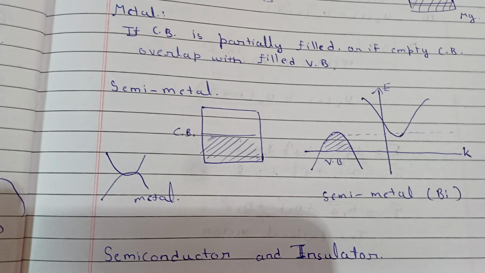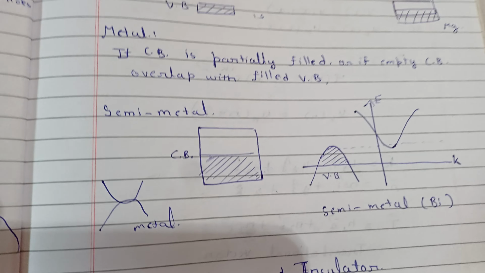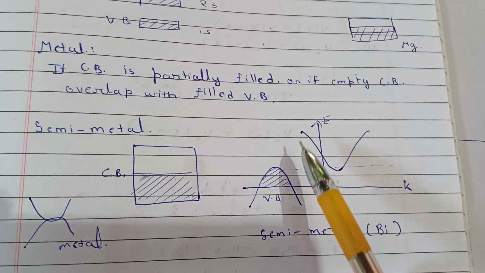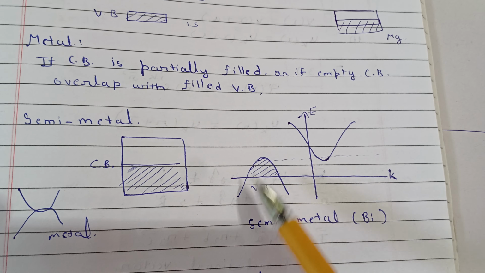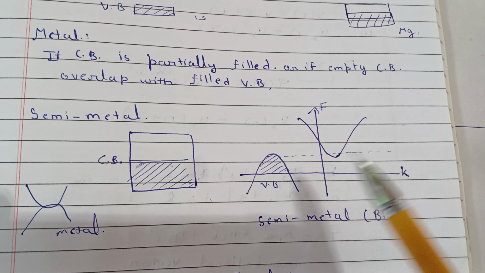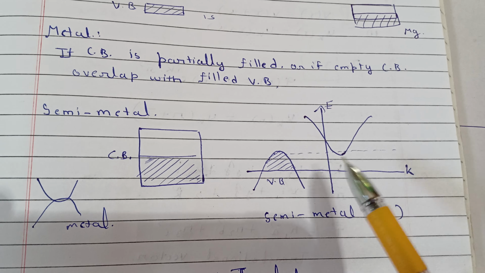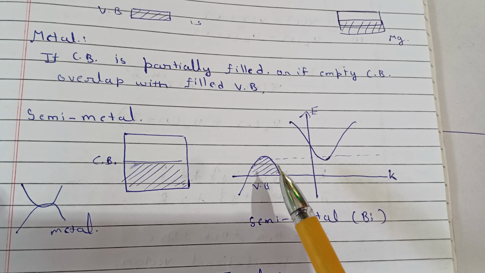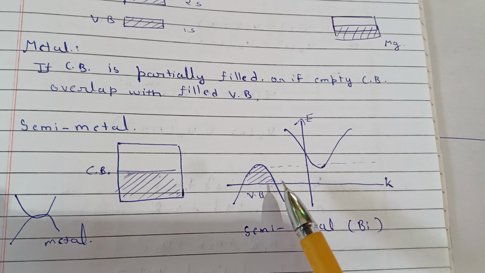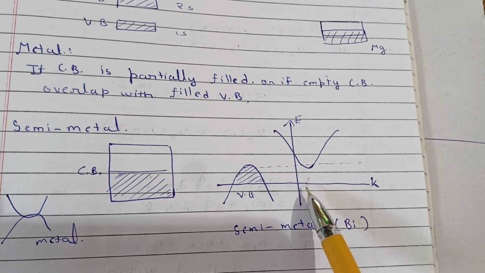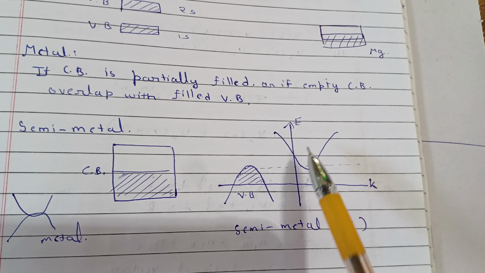Now semi-metals are also possible. What are semi-metals? See, this is the conduction band and this is the valence band, and this diagram is in K space. We will study more about K space in the following lectures. So just take this idea here: they may be overlapping, but there is a difference between the K axis for the conduction and valence band.